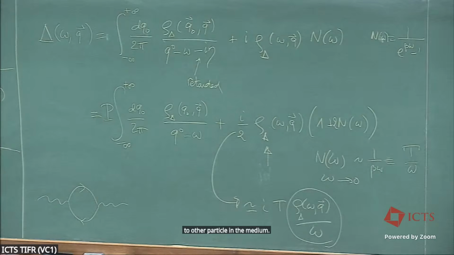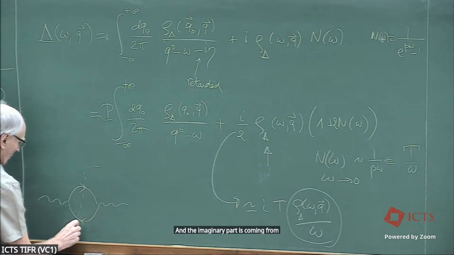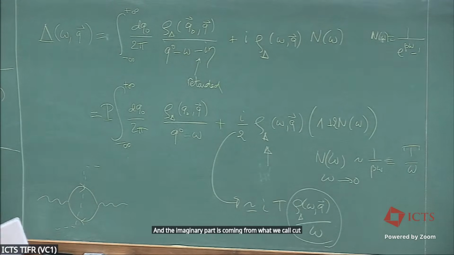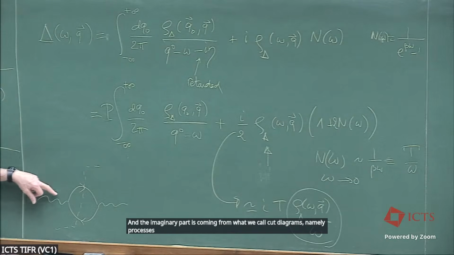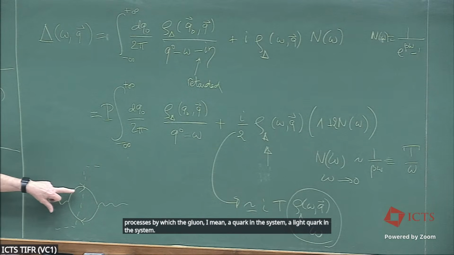Let's think about the light quarks, and the imaginary part is coming from what we call cut diagrams, namely processes by which a quark in the system, a light quark in the system, absorbs a gluon and goes to a different state.